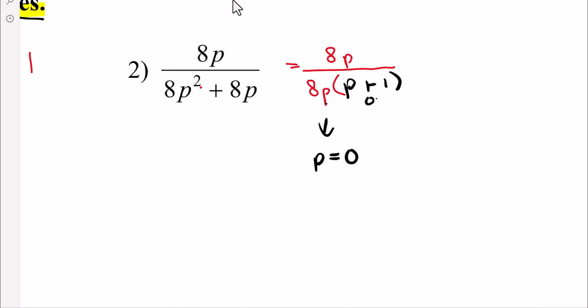And then if we take the opposite of this, that p is equal to negative 1. All right, so those are going to be the excluded values.